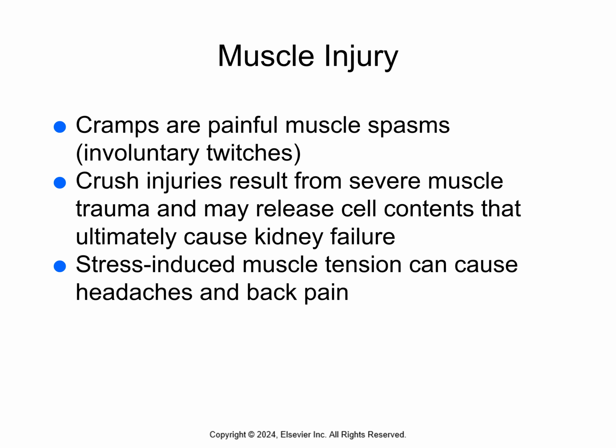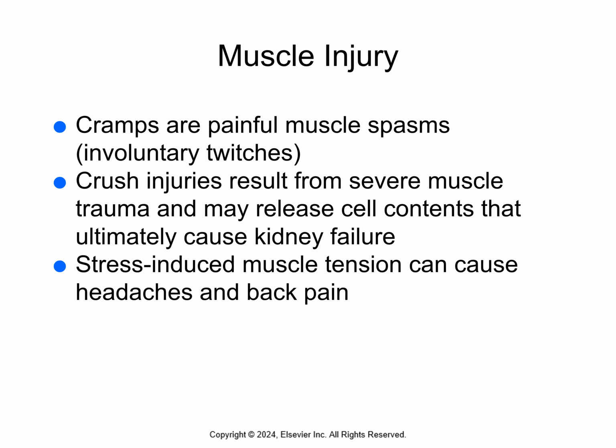Also, cramps. Those are painful muscle spasms, which are involuntary twitches. Remember we talked about twitches earlier? Involuntary. You can have cramps. Crush injuries result from severe muscle trauma and may release cell contents, and that can cause kidney failure. If you hear rhabdomyolysis, that's one of them.